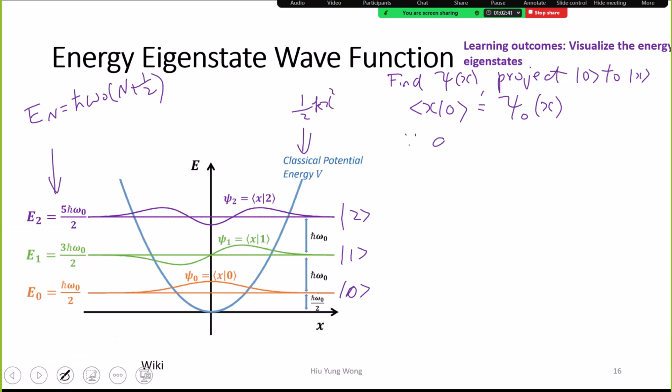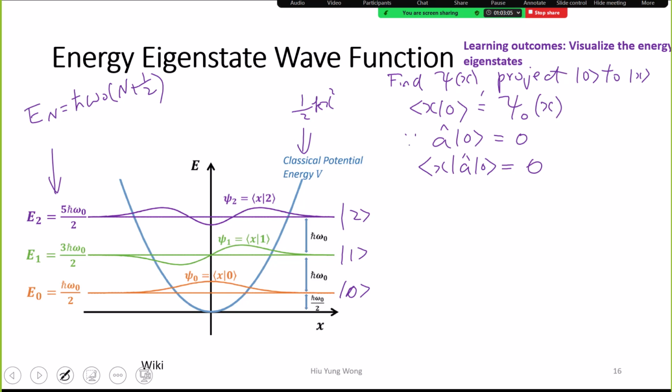Since a applied to 0 gives you 0, because you lower the operator, it means x a 0 equals 0, right? Because a applied to 0 gives me just 0, then times this one, of course, it is 0.